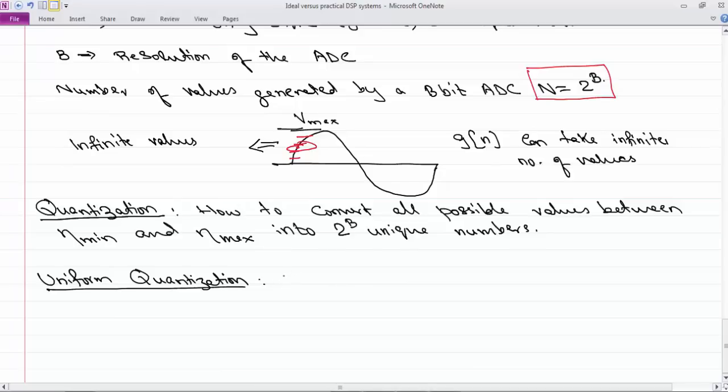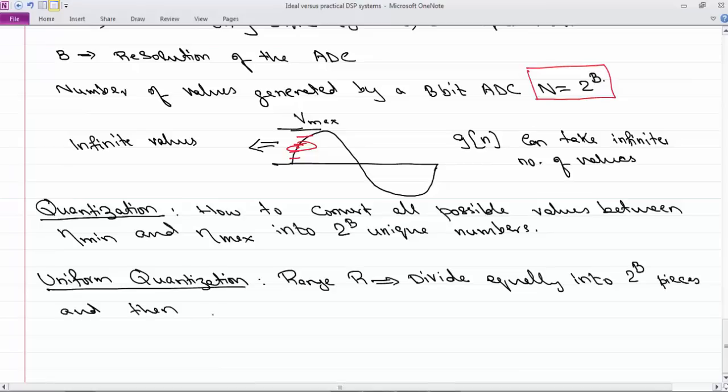So your dynamic range is R. You divide it equally into 2 to the B pieces, and then assign Gn to the middle of the piece.